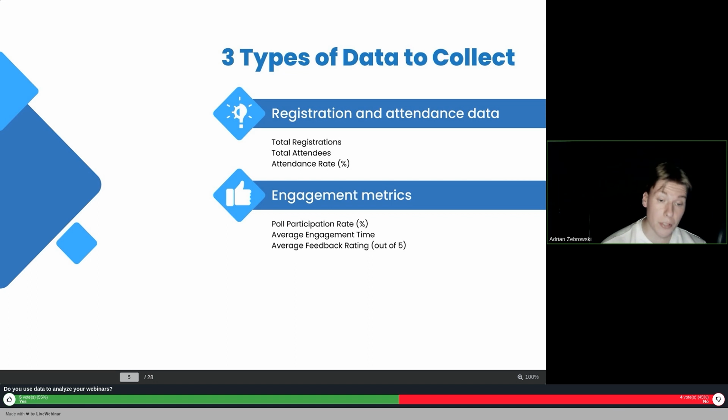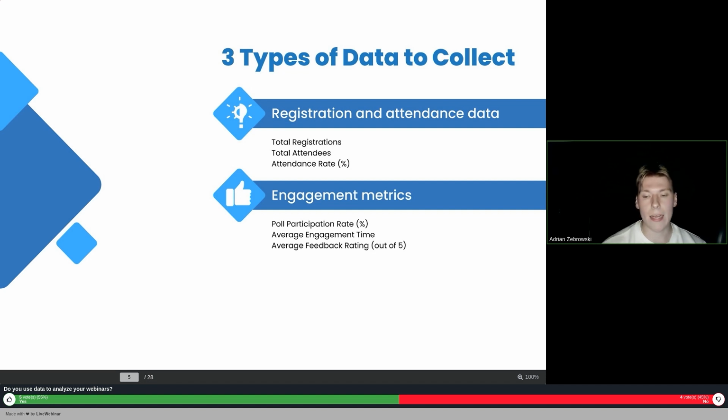And then average engagement time, which is a metric that follows in the footsteps of the previous one, and is directly tied to participation and engagement. Those are the two phrases that are usually used in conjunction with each other. Average engagement time is calculated out of the entire event.